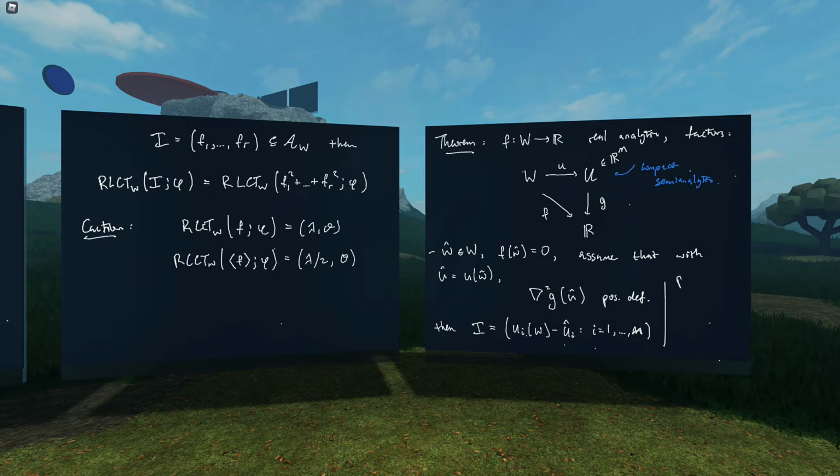And so we call this the fiber ideal because it's related to the fibers of the map U, or rather the vanishing locus is related to the fibers.